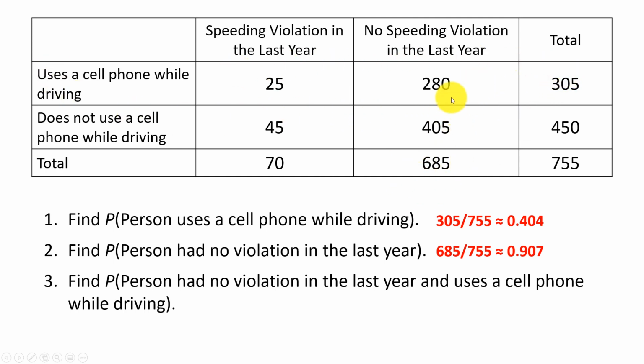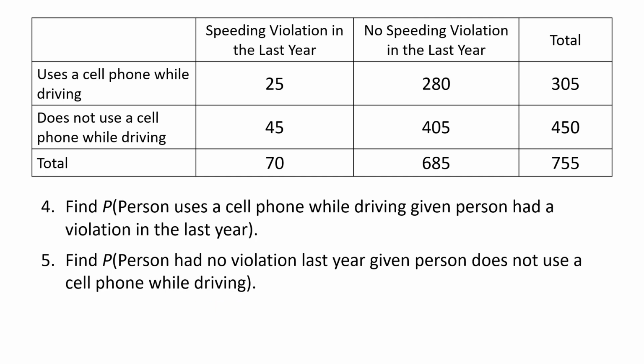So that's how many people are in this column at the same time in this row? Well, that's 280. So out of the 755, 280 are both in this event, no speeding ticket, and at the same time used a cell phone while driving. So our probability would be 280 divided by the total 755, which is about 0.371.